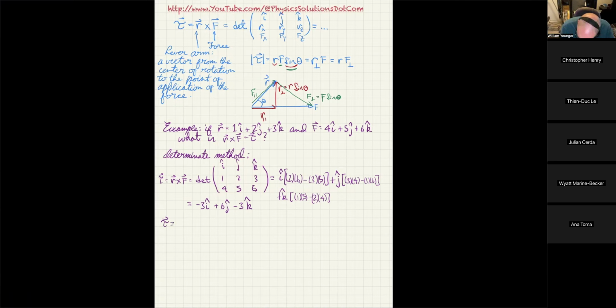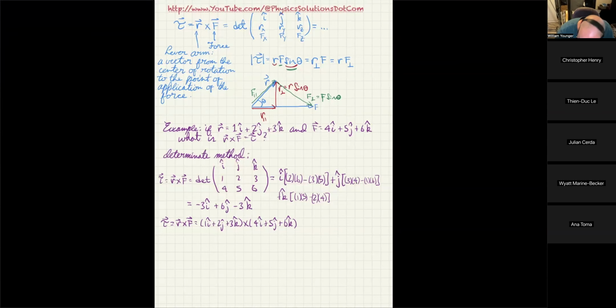So torque is equal to r cross F. We can just write r as 1 i hat plus 2 j hat plus 3 k hat, crossed with 4 i hat plus 5 j hat plus 6 k hat, like that. Now, what do I mean by distributive property?